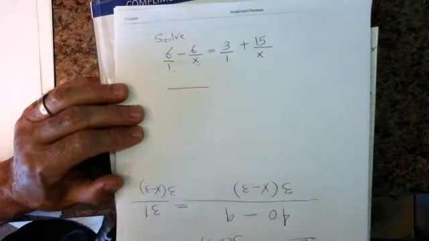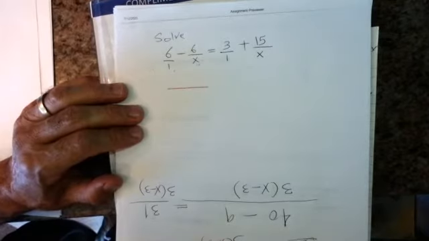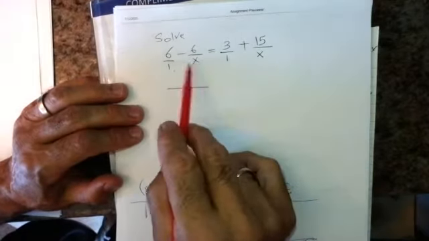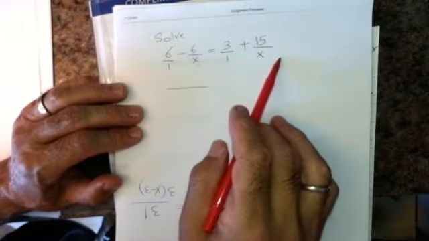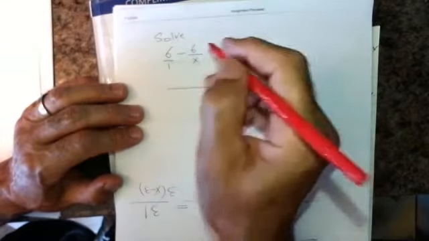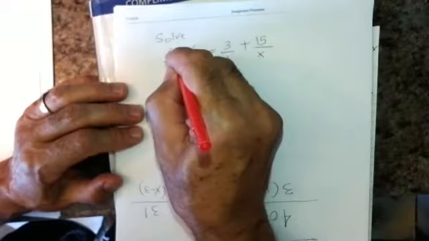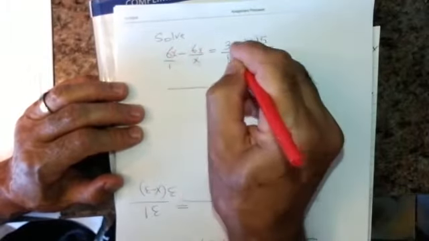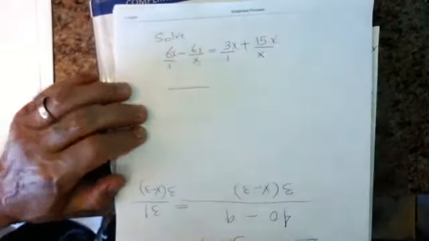There are different ways to do this problem. One is to get rid of the denominator, you multiply every term by x. So what you do is this. Look, you put an x here like that.